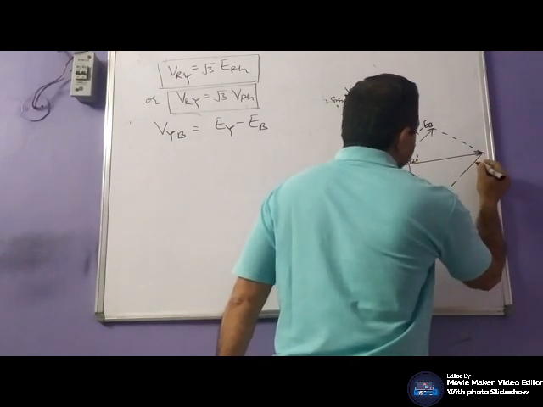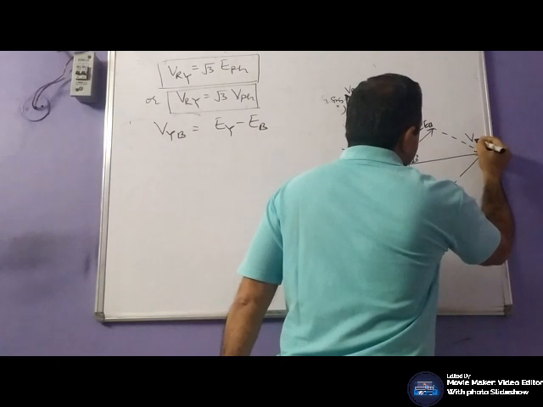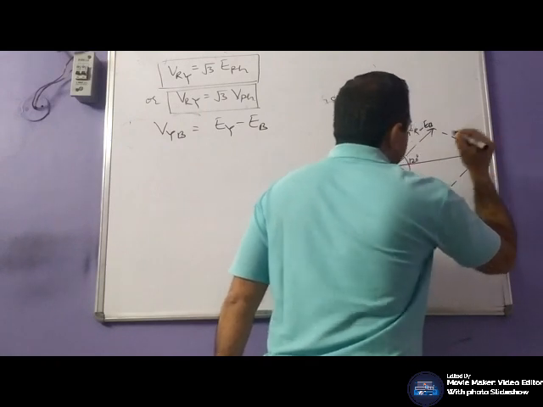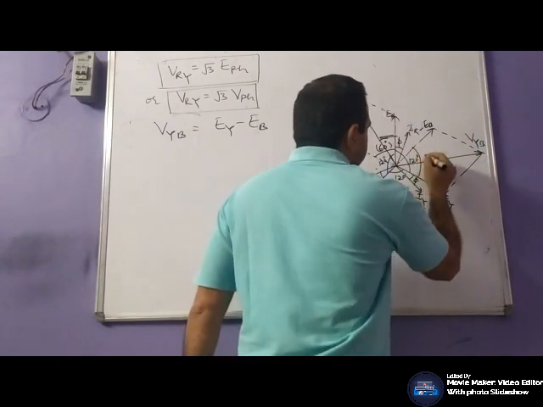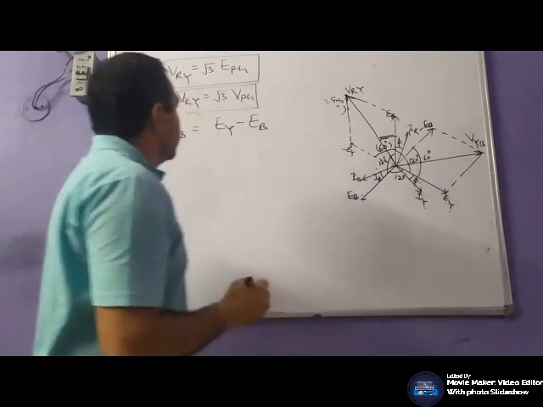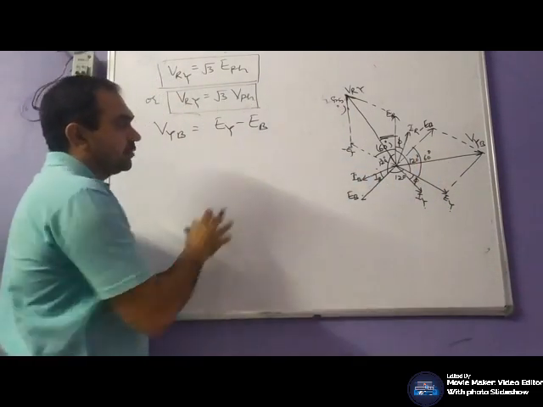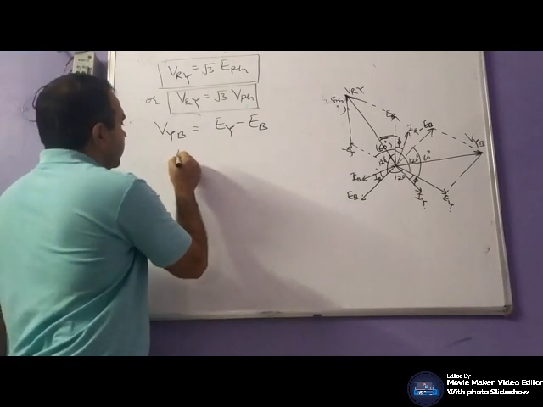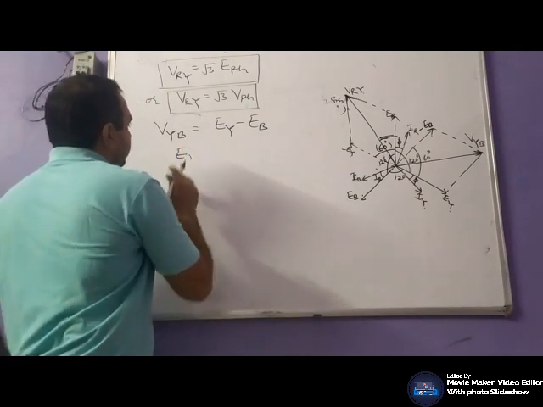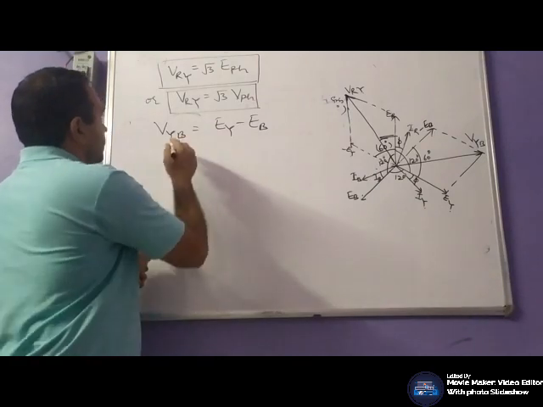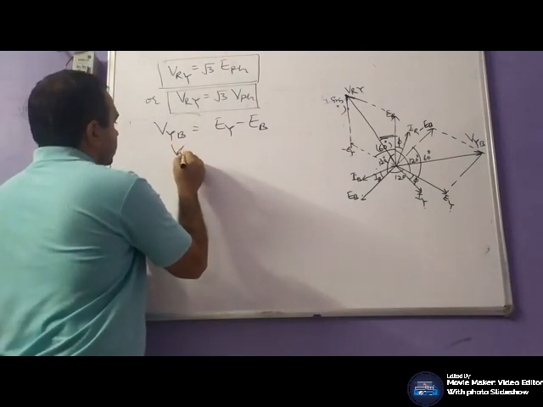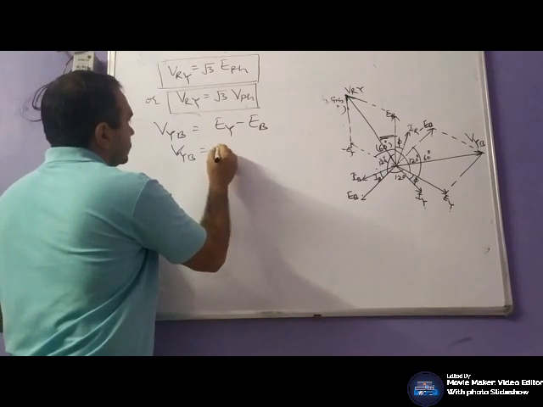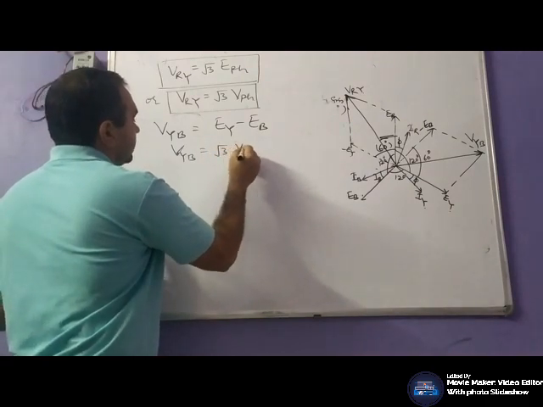This will be the VYB, and this angle is 60 degrees. You will observe that if you repeat the same process, the same calculations, you will get VYB is root 3 of V phase.